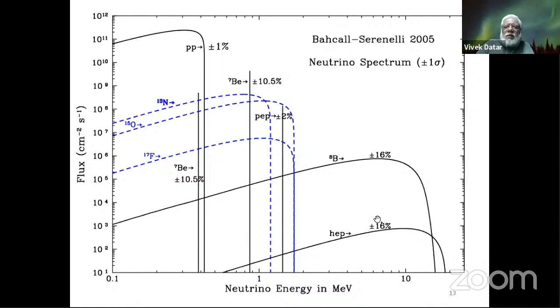They would be extremely hard to detect because they are so small in numbers. But the PEP neutrinos produce a line, and in principle, even Borexino has some sensitivity to this. But a high resolution detector would be much better in picking out this small peak intensity over the background of both radioactivity as well as the other neutrinos.